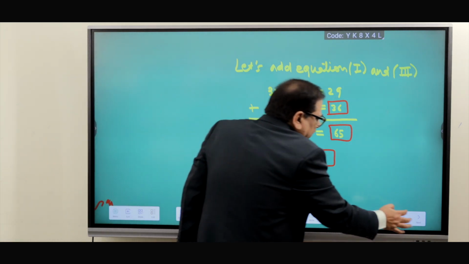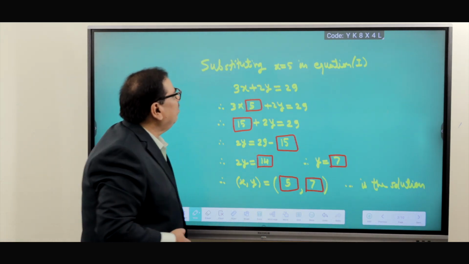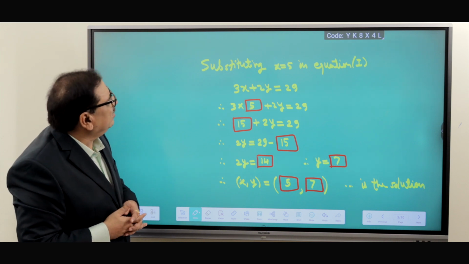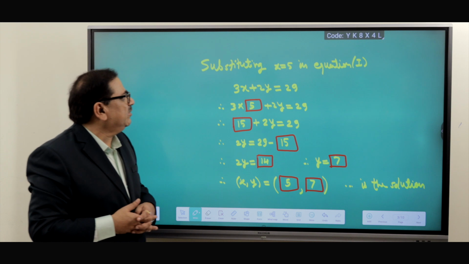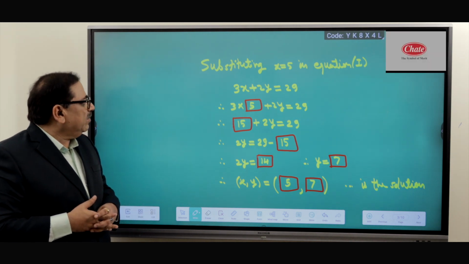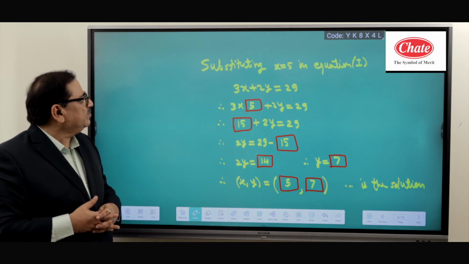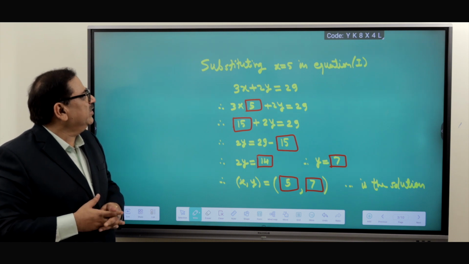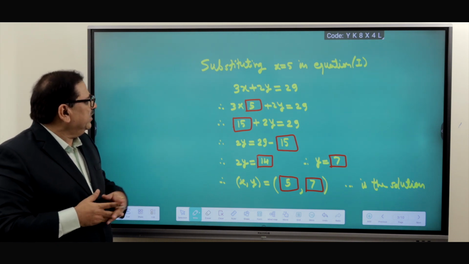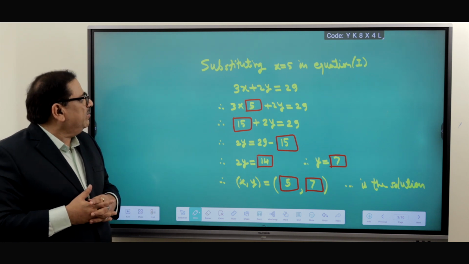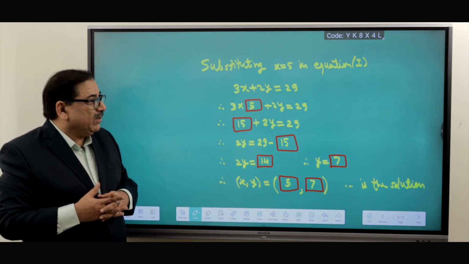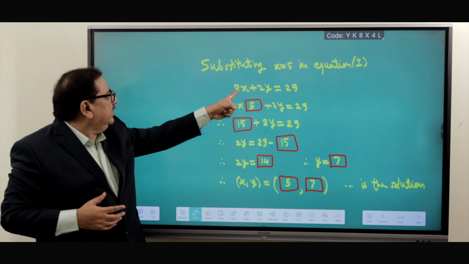So substituting the value 5 in equation 1, we get 3x plus 2y is equal to 29. Therefore 3x into 5 plus 2y is equal to 29. Therefore 3 into 5, 15 plus 2y is equal to 29. Please remember, this is into and this is x.